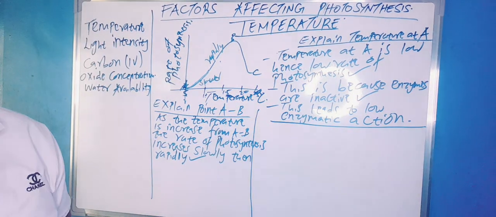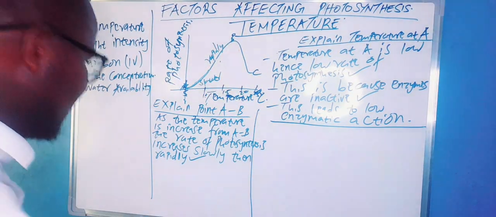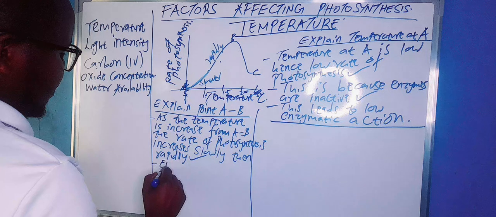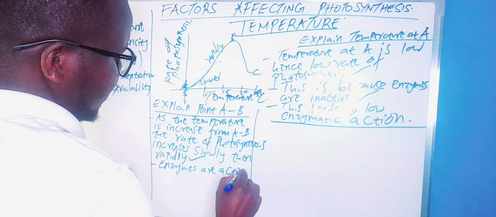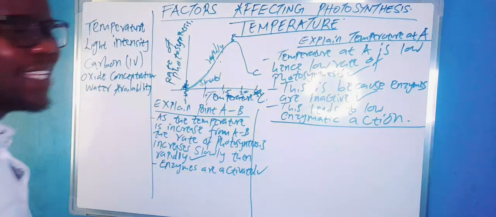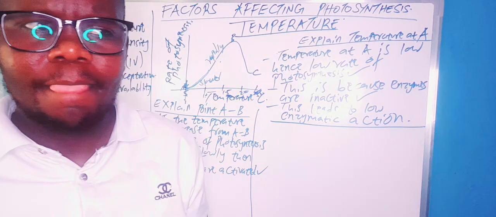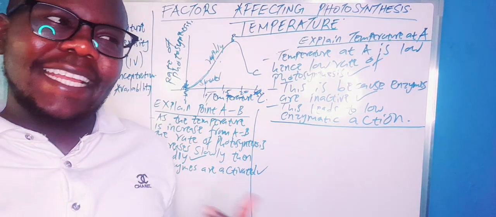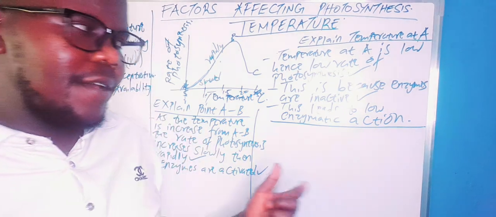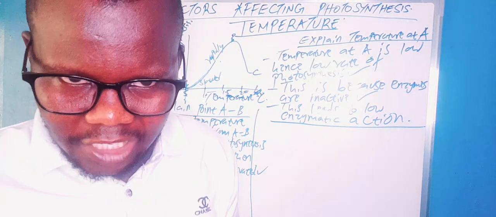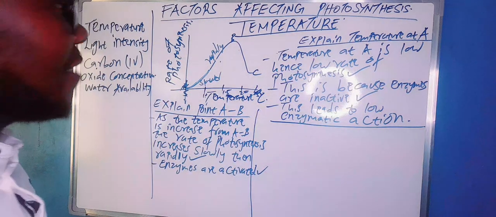The reason for this is that when the temperature is increased, enzymes are activated. That is your main reason. When we speak about increasing at a slow rate, it's only a few of the enzymes that have been activated. Then as it increases rapidly, it's because most of the enzymes have been activated.